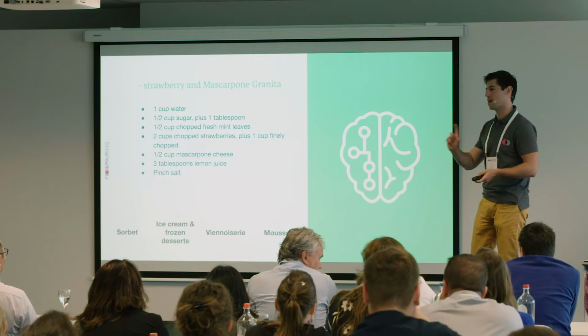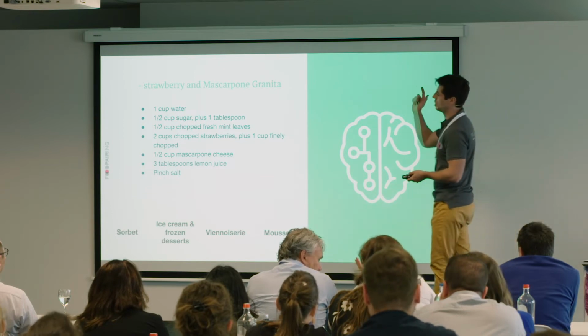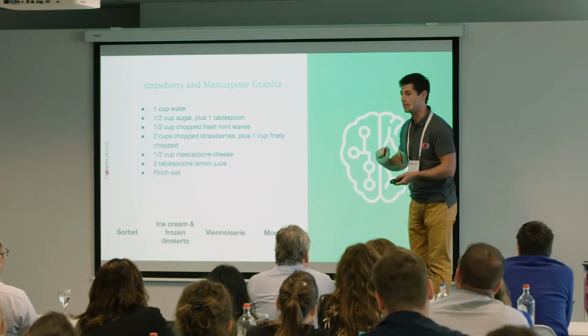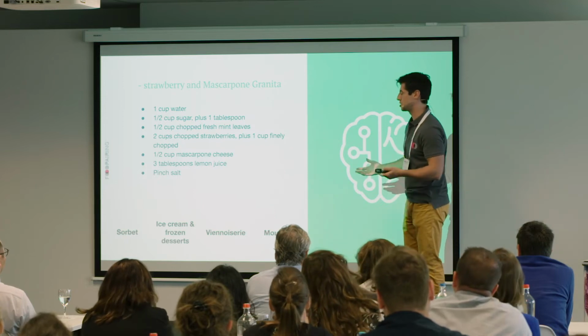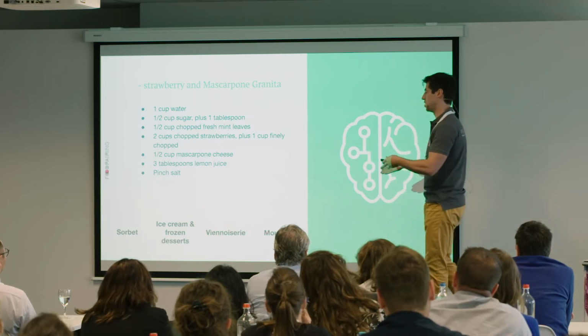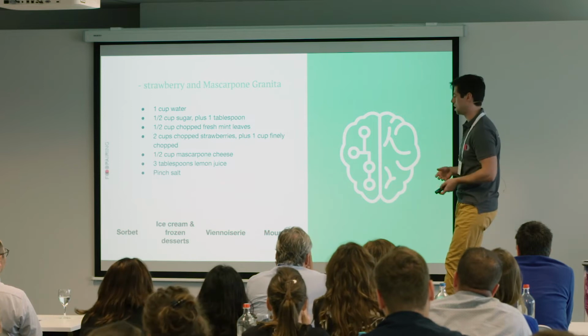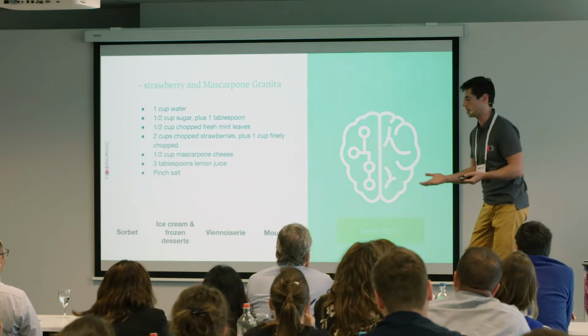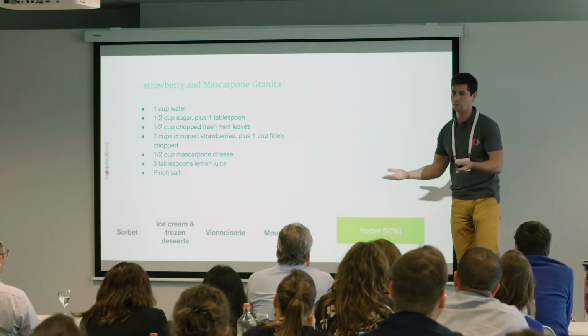And just as an example of how this can switch really easily, we have a strawberry and mascarpone granita, which is either a sorbet, an ice cream, a viennoiserie, or a mousse. Not that hard, of course, it's a sorbet, it's a granita, we all know this.